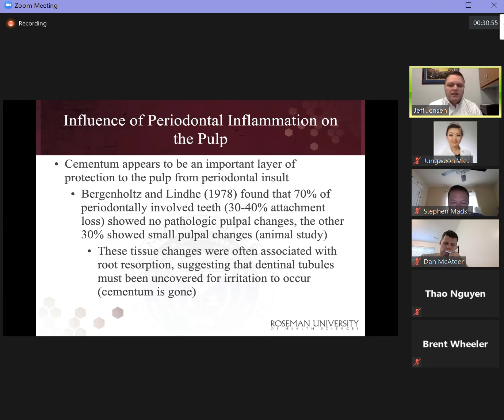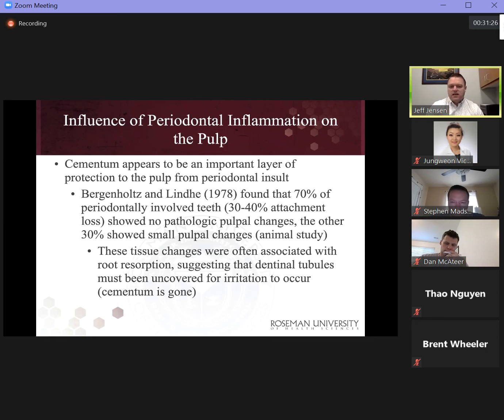This study by Lindy and Bergenholtz found that 70% of periodontally involved teeth, with 30 to 40% attachment loss, so a moderate to severe amount of attachment loss, showed no pathologic pulpal changes. So the majority of the teeth they studied that were extracted for periodontal reasons showed no pulpal changes. However, there was some 30% that showed small pulpal changes.